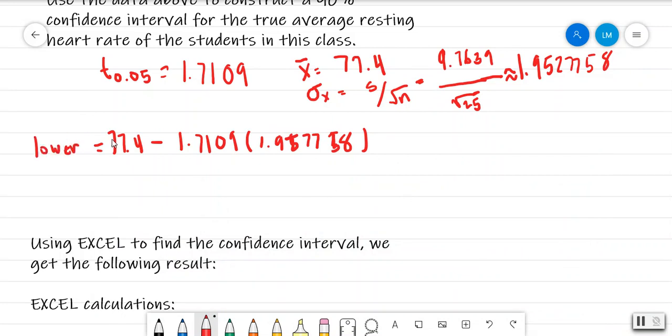Then if we do this computation using our calculator, we have 77.4 minus 1.7109 multiplied by the standard error. I did it as standard error so that we didn't have to do it again.